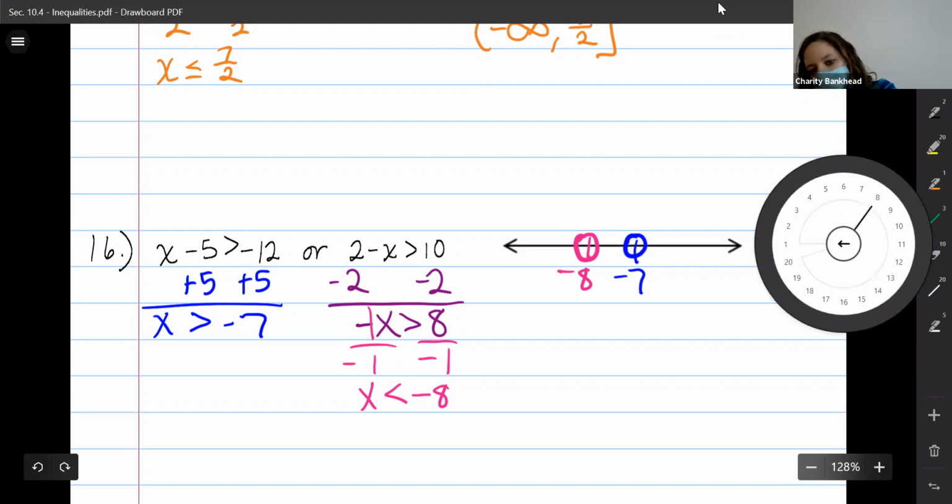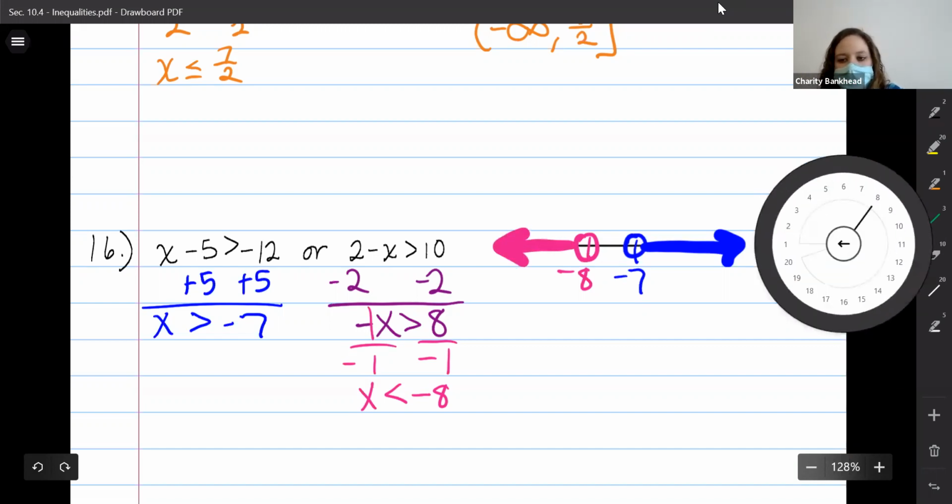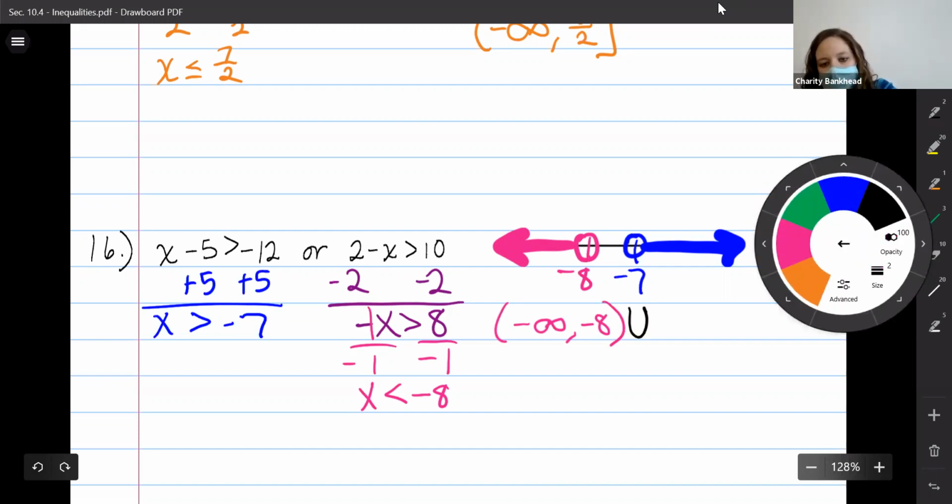So from -7, we're shading to the right. X is less than -8, so from -8, we're shading to the left. So our interval notation is parentheses, -infinity to -8, close the parentheses, union, open parentheses, -7, comma, infinity.